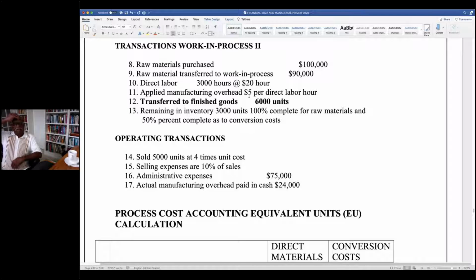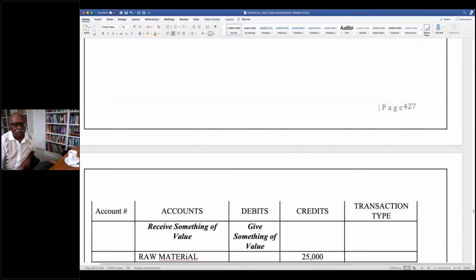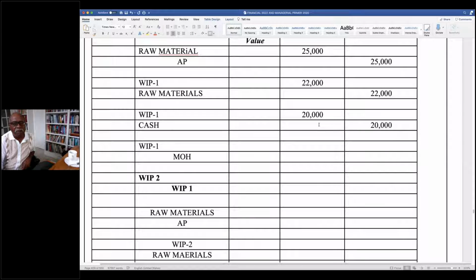Manufacturing overhead. Apply manufacturing overhead $5 per direct labor hour. What does that $5 represent? It's the POR, the predetermined overhead rate. So multiply 5 times these labor hours. So how much do we get? $10,000. No problem.